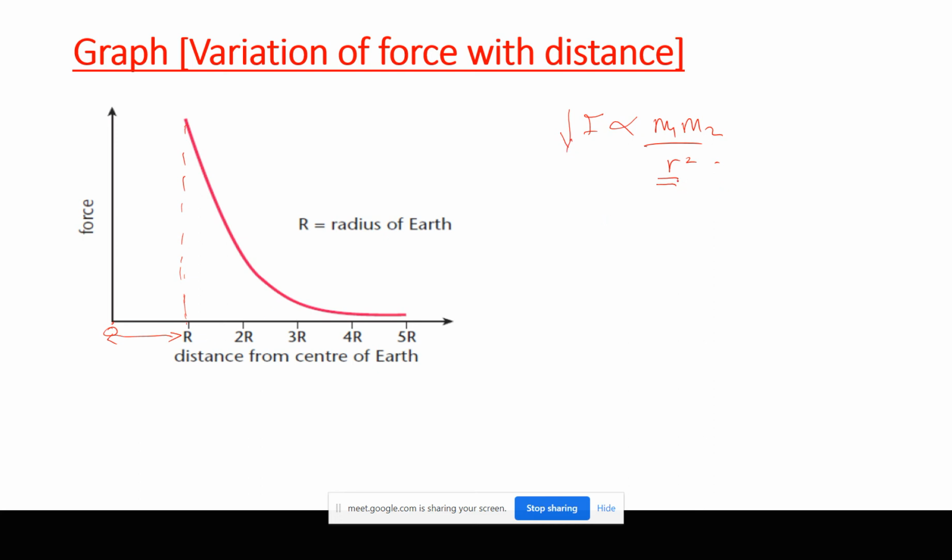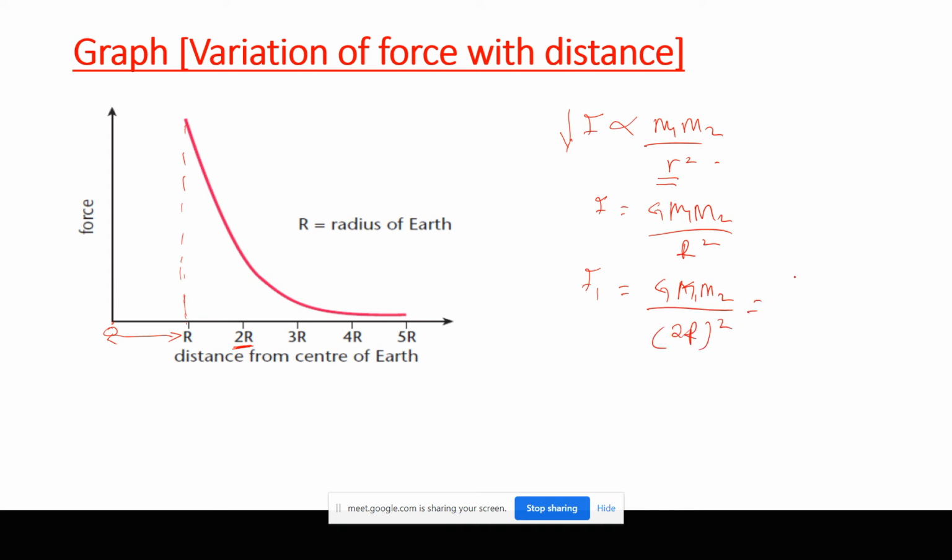Initially, if R is capital R, the force is going to be Gm1m2 divided by R squared. If the distance is twice R, then the new value of force is going to be Gm1m2 divided by (2R) squared.